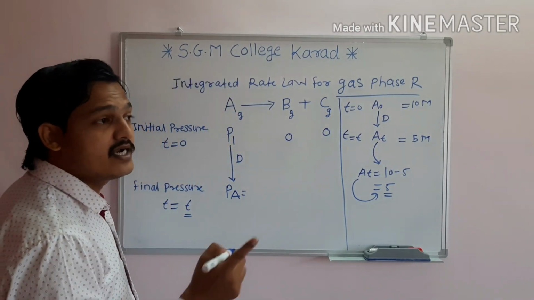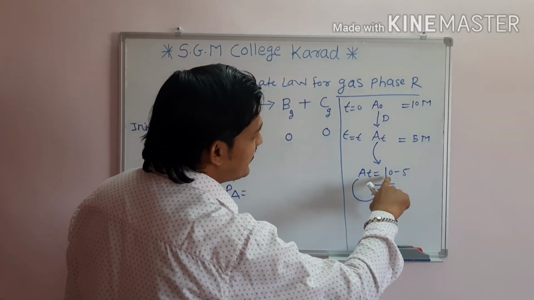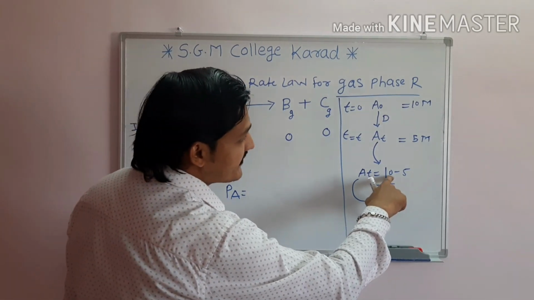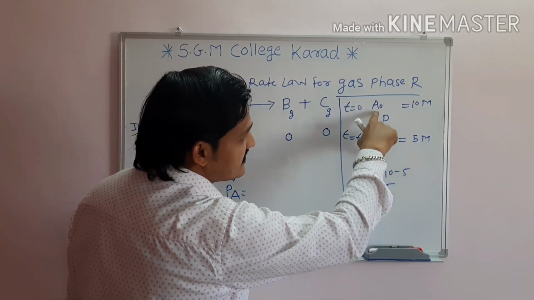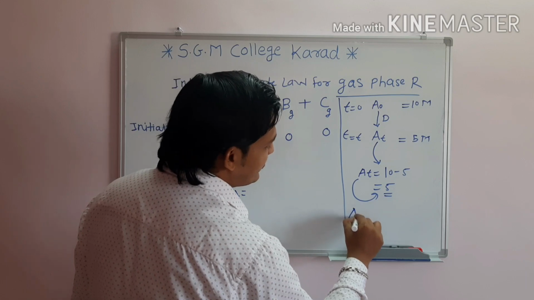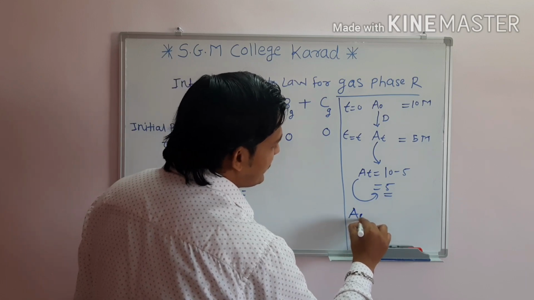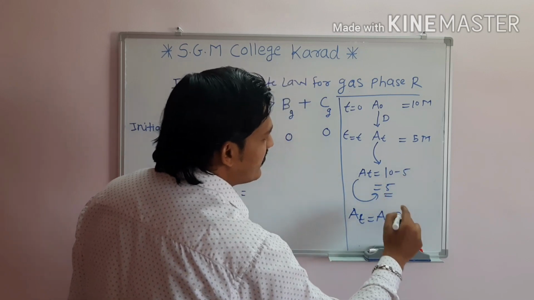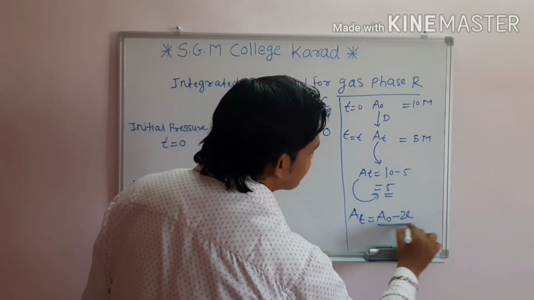The value of At is 5, but I am alternately writing it in that manner, 10 minus 5. So what is the value of 10? It is the initial concentration of reactant, so At is equal to A0 minus what is the value of 5? It is denoted by x.